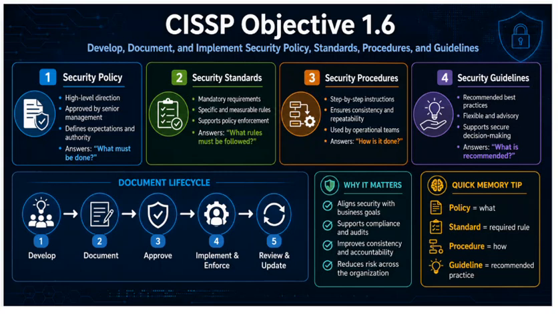Enforcement helps ensure that security rules are not just written, but actually followed. The CISSP exam often emphasizes that security governance must be measurable, enforceable, and aligned with business objectives.